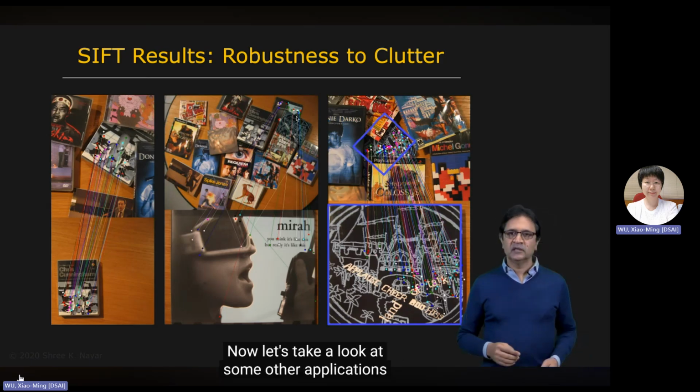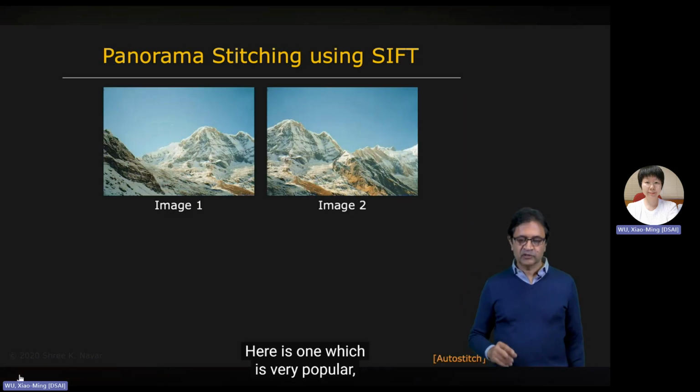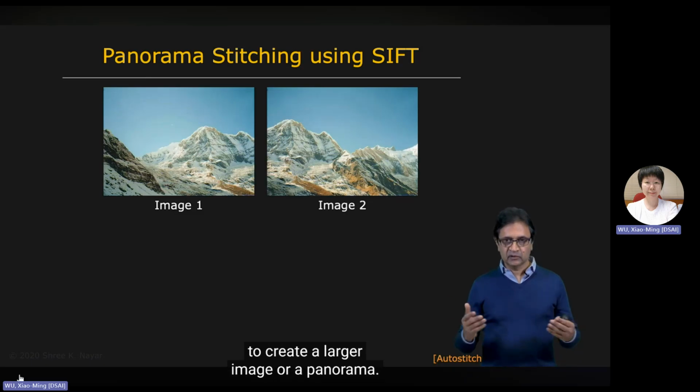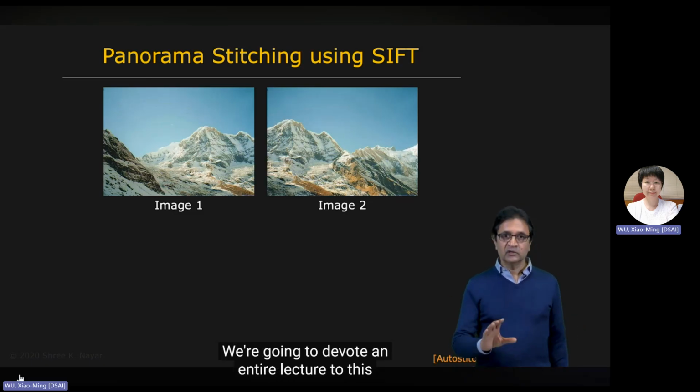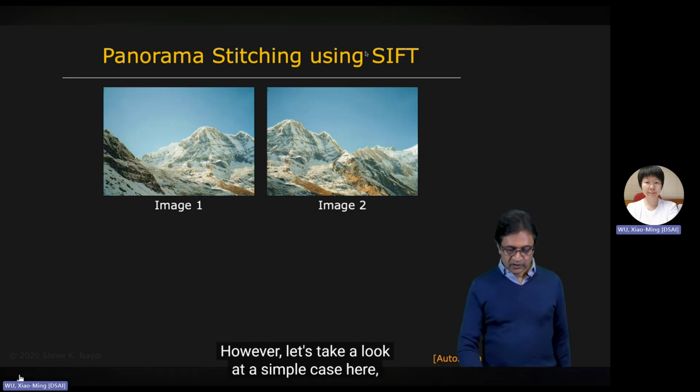Now let's take a look at some other applications of the SIFT detector. Here is one which is very popular, which is stitching images together to create a larger image or a panorama. We're going to devote an entire lecture to this, and that's actually the next lecture. However, let's take a look at a simple case here.